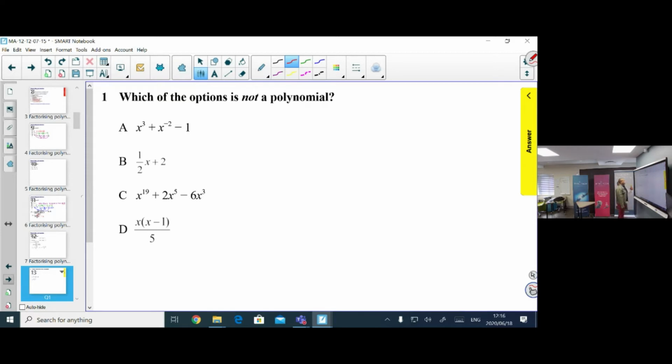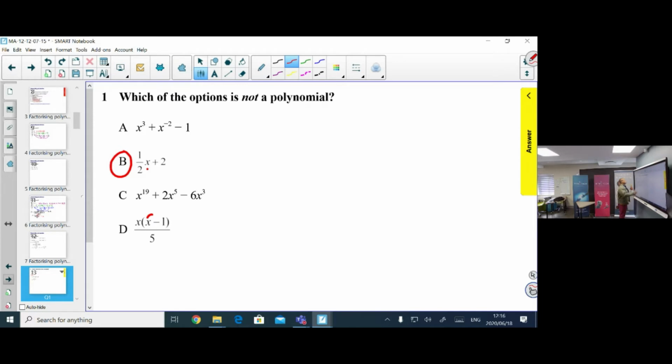In this case, B is not a polynomial, because a polynomial, poly means many terms. But if you check here, we simply have 1x, which is x to the exponent 1. And that's just a linear function, very simple function. It cannot be qualified as a polynomial.